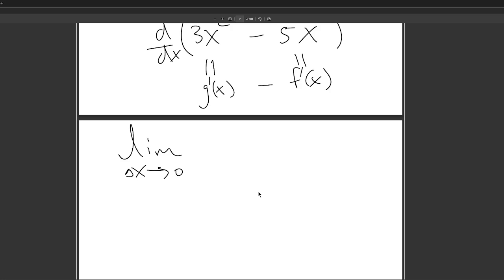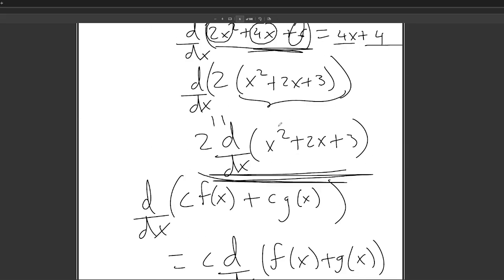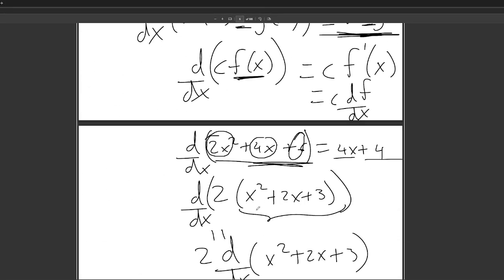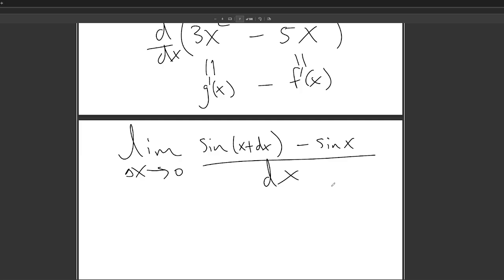So we have sine of x plus dx minus sine of x, all over dx. Yeah, it is dx. Let me change this to dx. So how would you evaluate this?